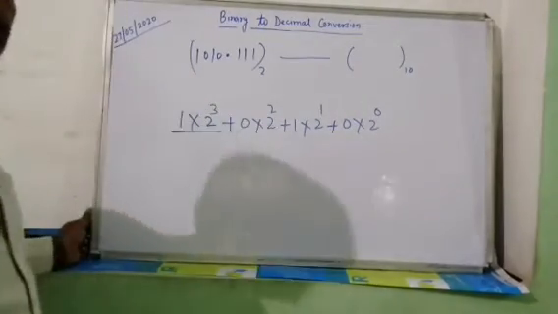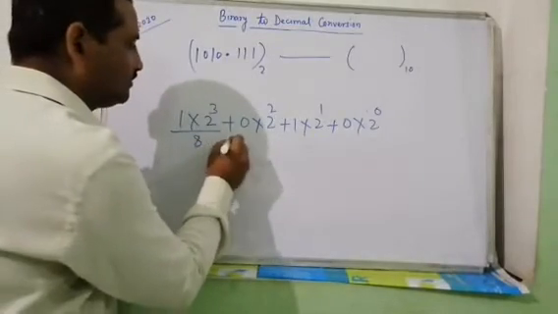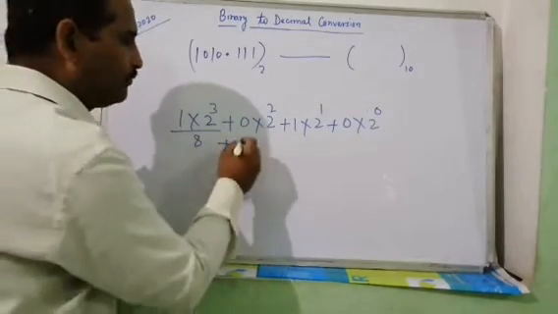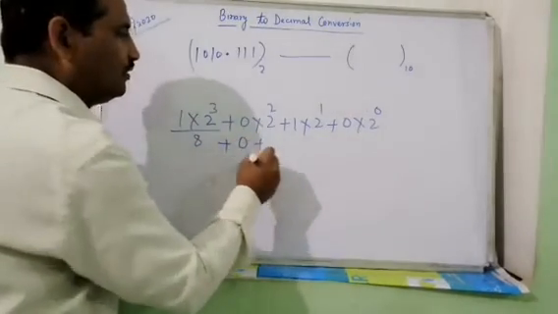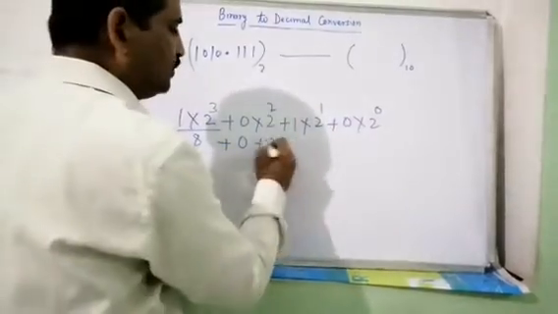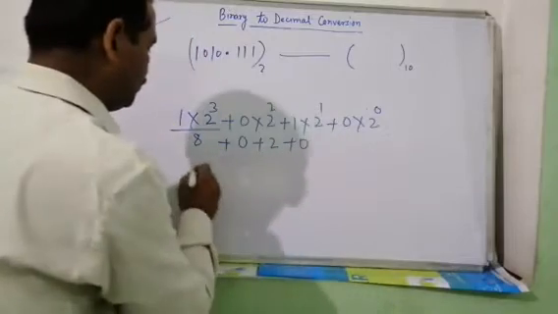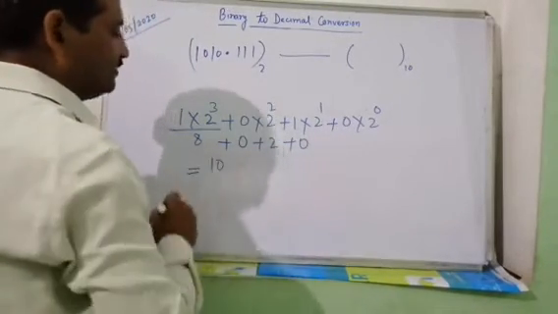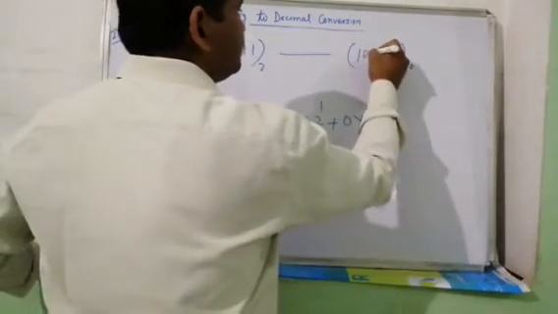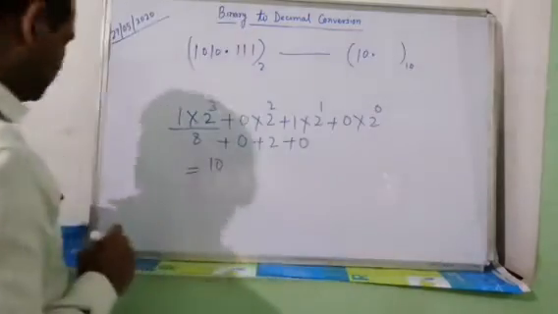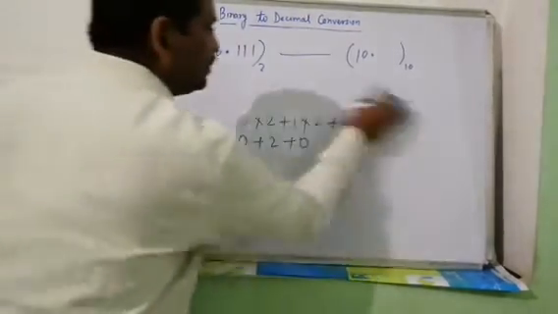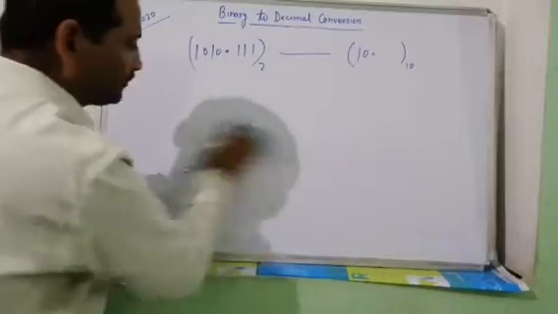So 1 into 2 to the power 3 will be 8. 0 into 2 to the power 2 will be 0. 1 into 2 to the power 1 will be 2. 0 into 2 to the power 0 will be 0. And it will be 10.